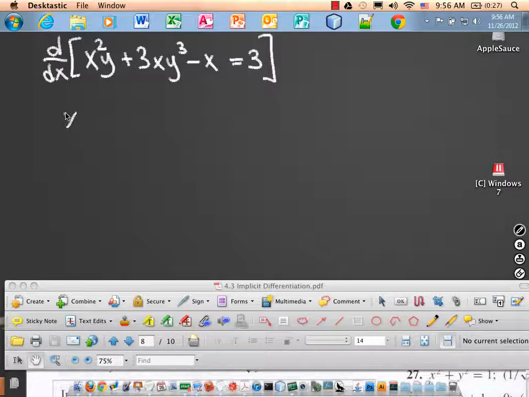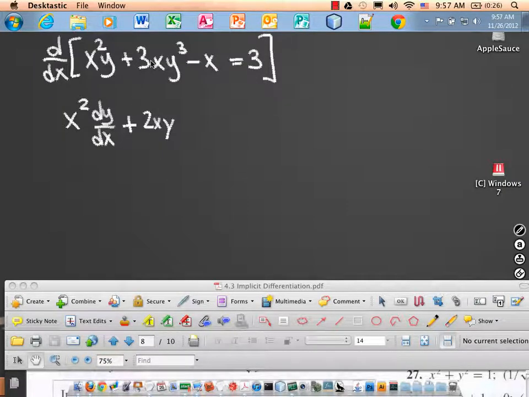So this becomes x squared, and then the derivative of y with respect to x is dy/dx, plus second, which is y, times the derivative of the first. So I'll just put 2xy.